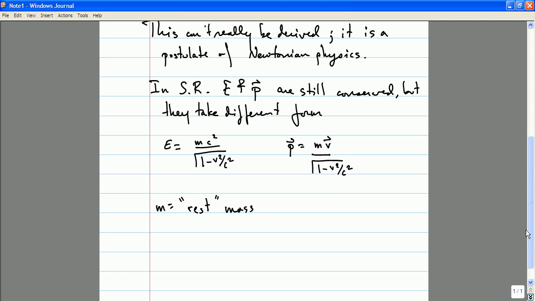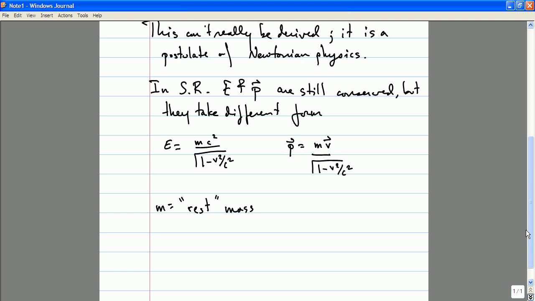The rest mass is the mass in the frame in which the particle is at rest. So we would need to talk then about how you would define the mass of an object in a frame where the particle is moving. Sometimes people talk about this as the relativistic mass instead of the rest mass. That's not a language that I tend to prefer. I prefer to talk just about the rest mass and the energy, but we'll get to that. We'll burn that bridge when we come to it.